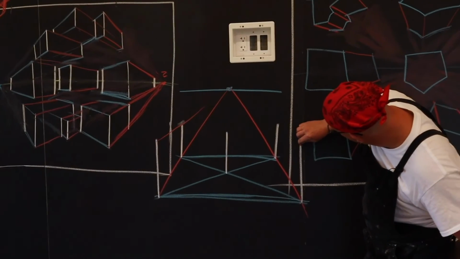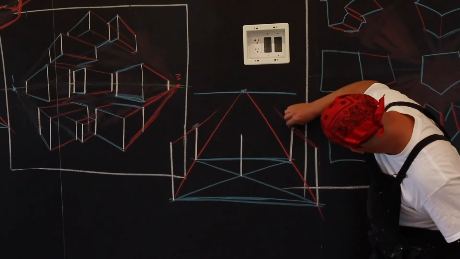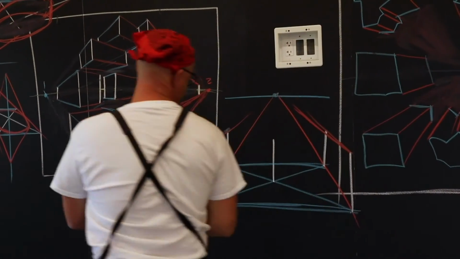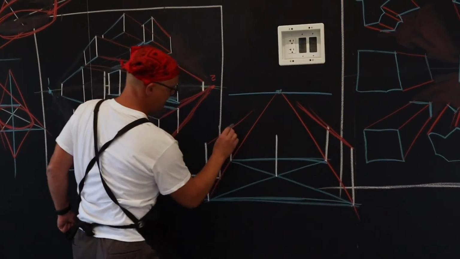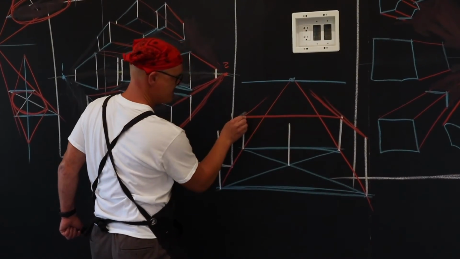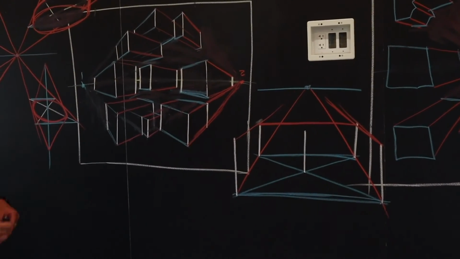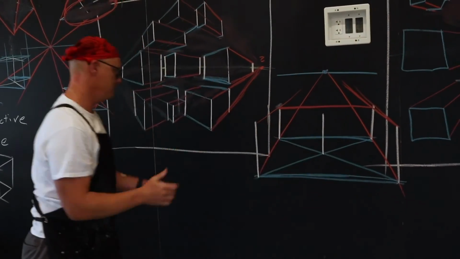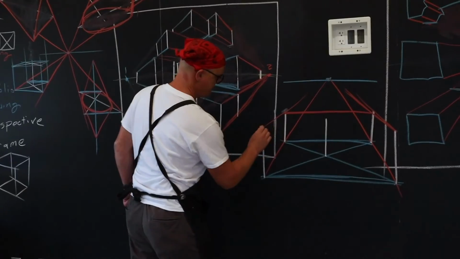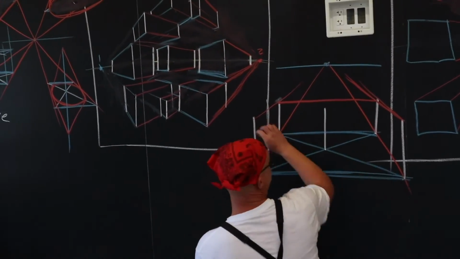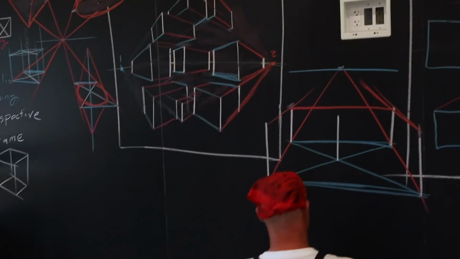Vanishing point here to here. Whoops. More like that. There we go. Now all I've got to do is bring this across. So I've developed one side, the back side. We've got the bottom. And now that looks like it needs to go higher.